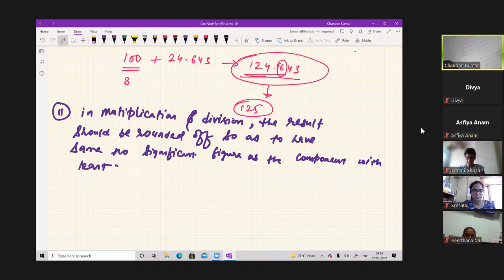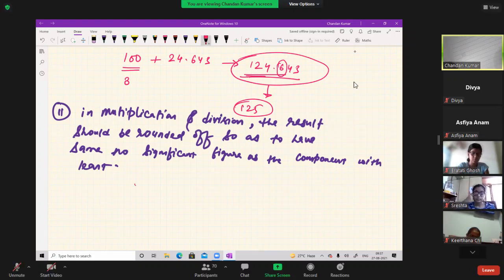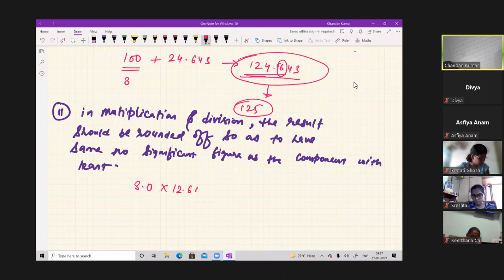So let's take an example. Taking 3.0 into 12.60. Can you multiply and give me the exact value?